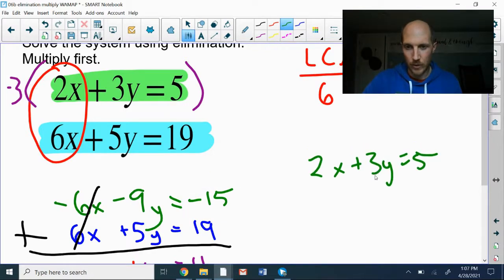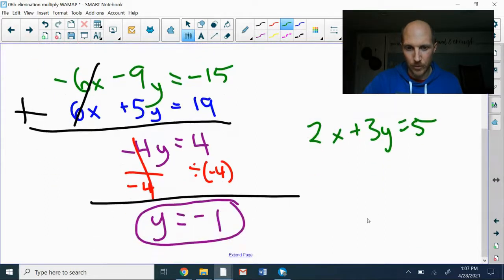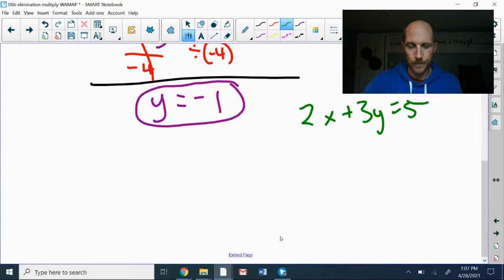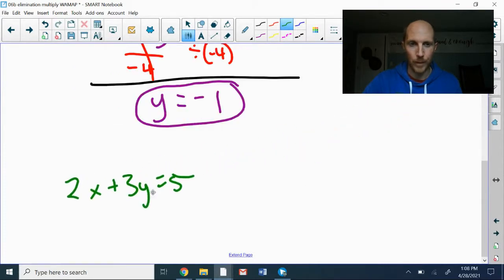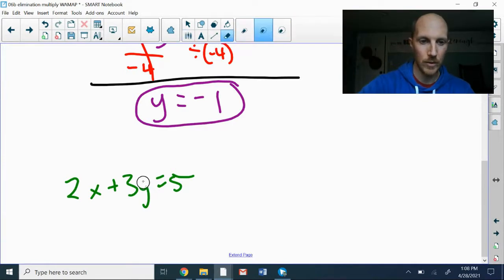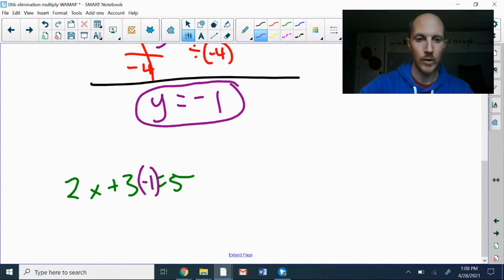And then I'm going to bring this equation with me. Let's go down the page to where we left off. Okay, so there's my green equation. So I am going to replace this y with negative 1. I use parentheses, so I remember that I am multiplying. Otherwise, I might get confused and think, oh, it says minus 1. And that's not subtracting. That's multiplication. So I need to multiply the 3 times the negative 1.